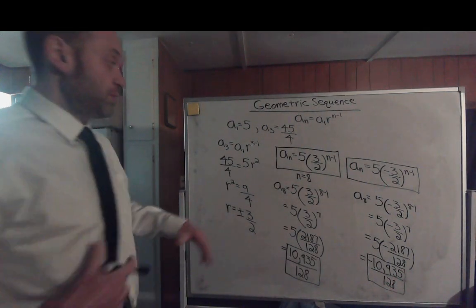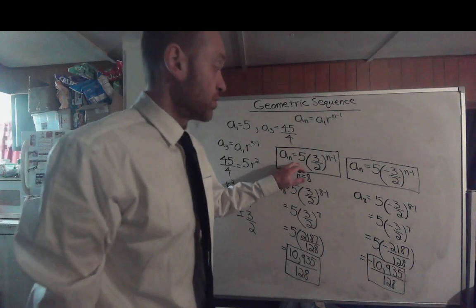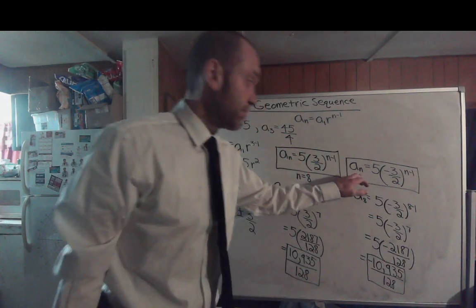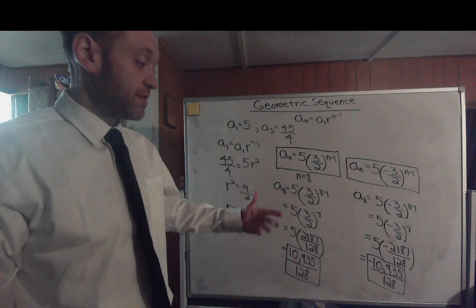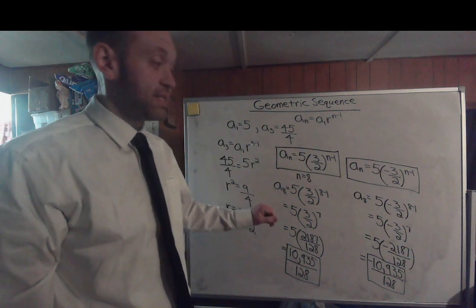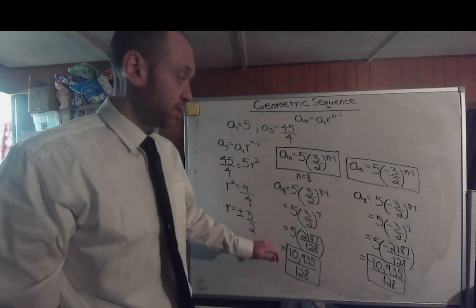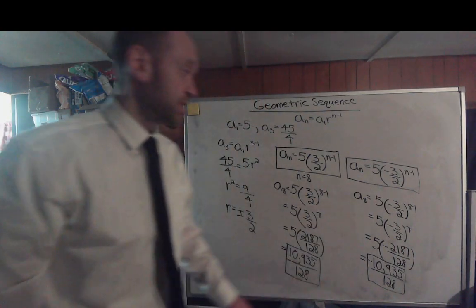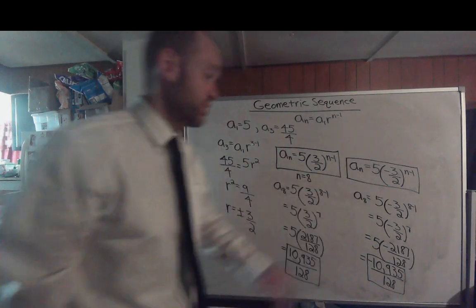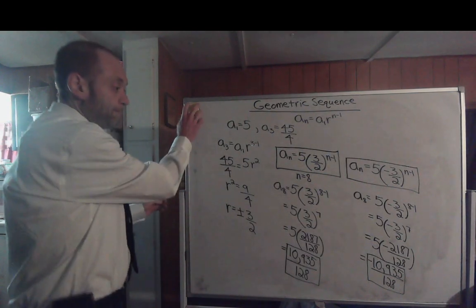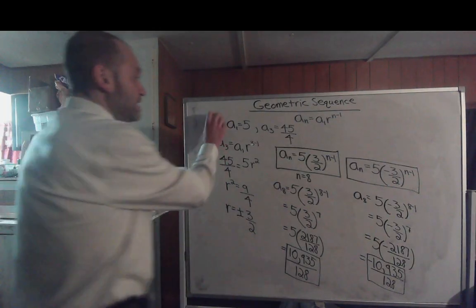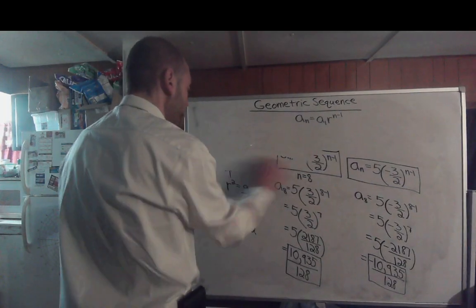So you have two possibilities for the nth term of the sequence, the formula for that, and that also means as a result you have two possibilities for the 8th term of the sequence, depending upon which common ratio you use. So that's something to keep in mind here.